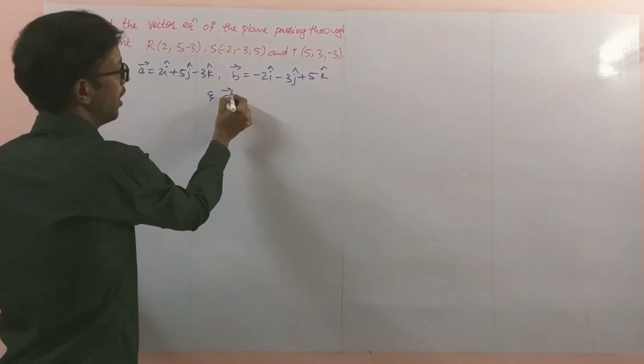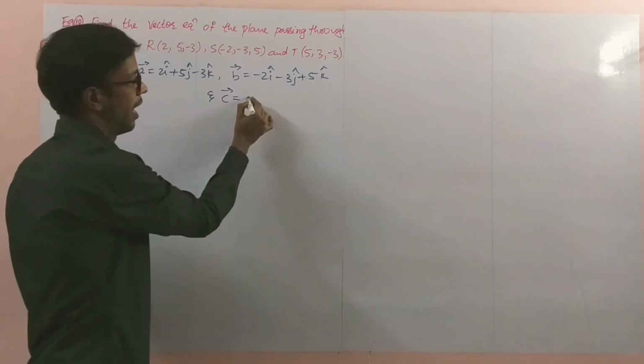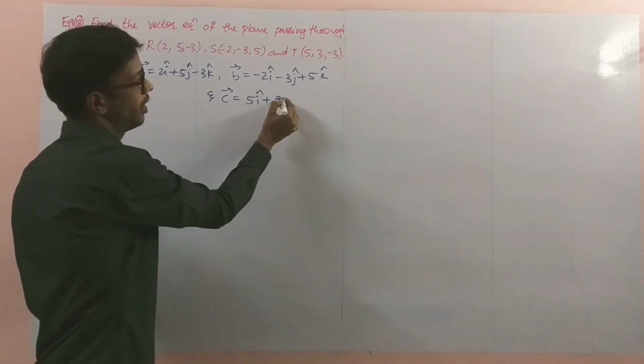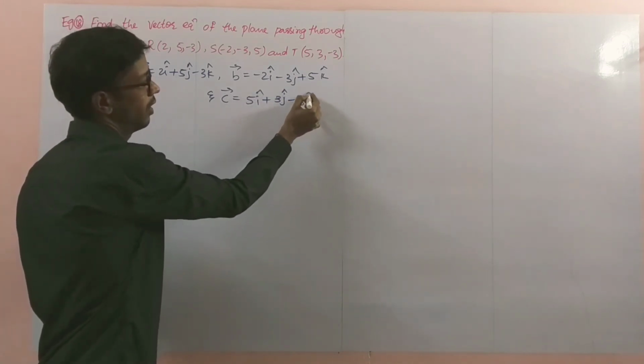And c bar equal to 5i cap plus 3j cap minus 3k cap.